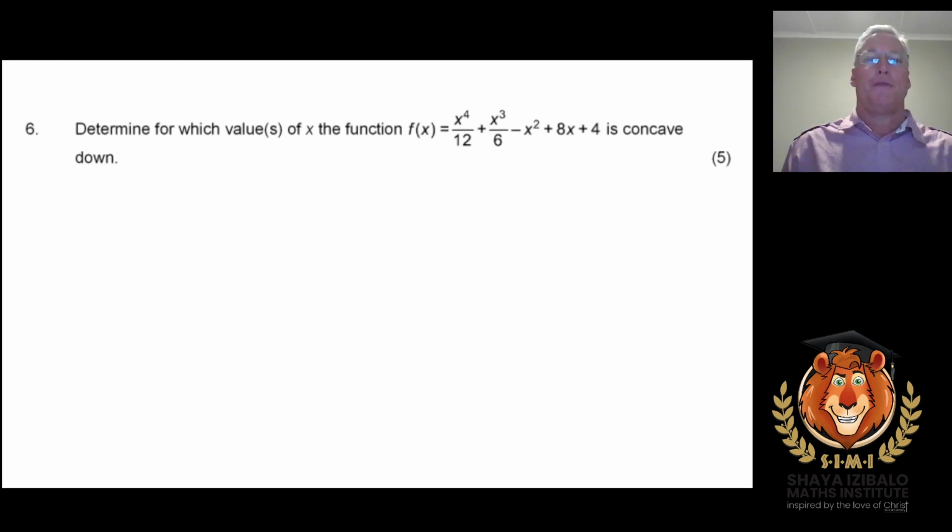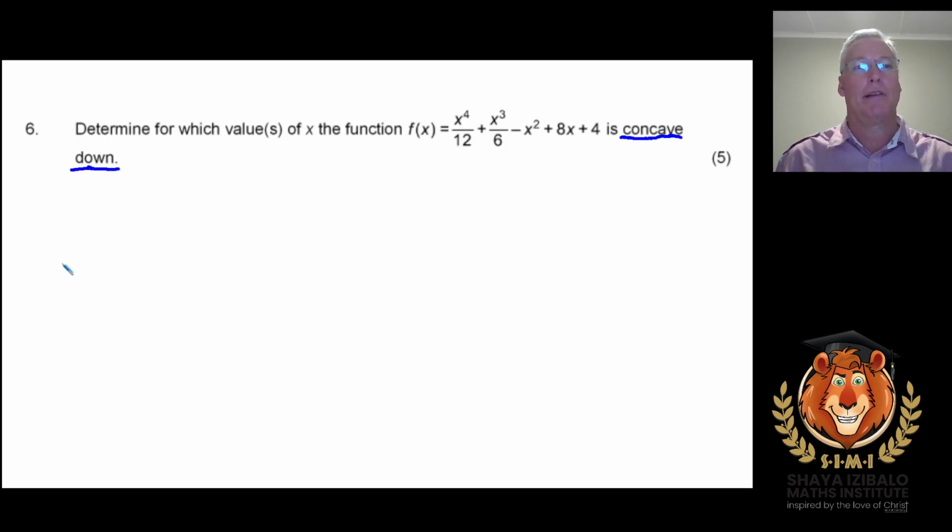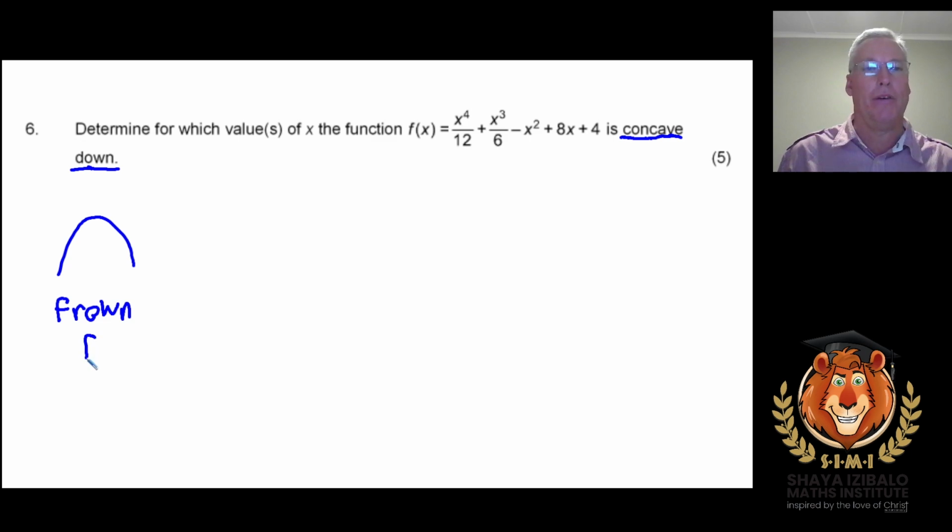Okay, and that information equips us to answer this question. This is asking where this thing is concave down. Now, concave down, remember, means it looks like this. It means like a frown. And it's also where our second derivative is negative.